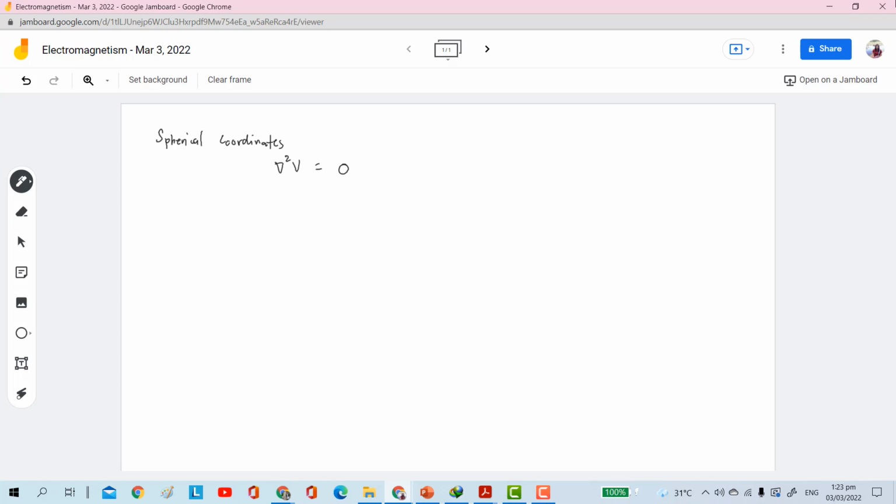And this is the initial form: 1 over r squared, partial derivative of r squared multiplied by the partial derivative of V with respect to r, plus 1 over r squared sine theta, multiplied by the partial derivative of sine theta multiplied by the partial derivative of the potential with respect to theta, plus 1 over r squared sine squared theta, multiplied by the second partial derivative of V with respect to phi.